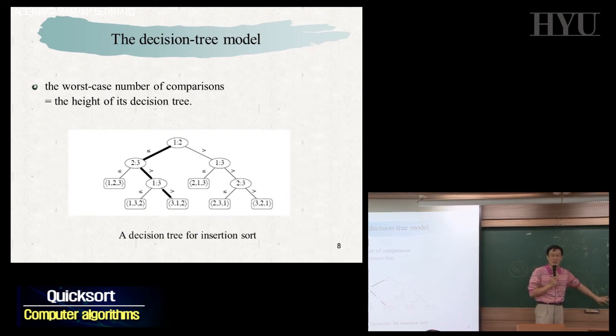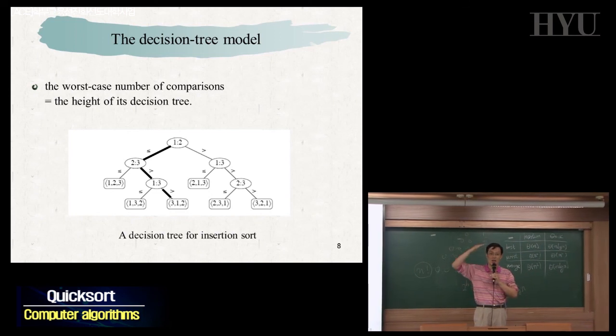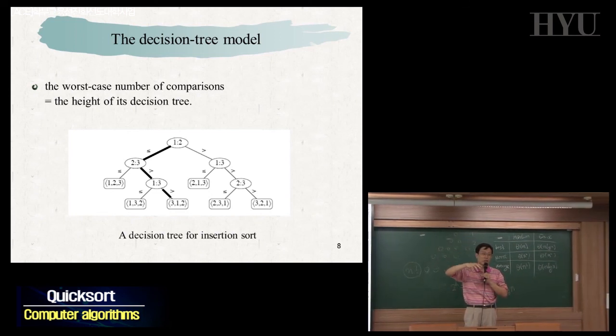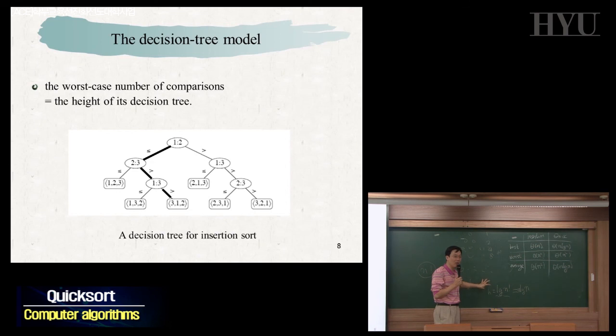So the main idea is, it takes n log n comparisons to go down to one leaf remaining. If there are n candidates, we need log n comparisons. Okay, you know that. But in this case, we have n factorial candidates, so it takes n log n time.